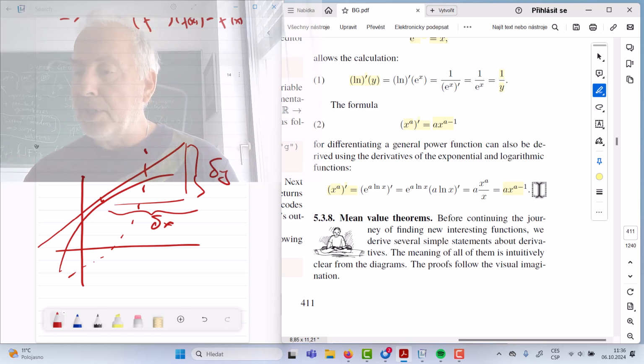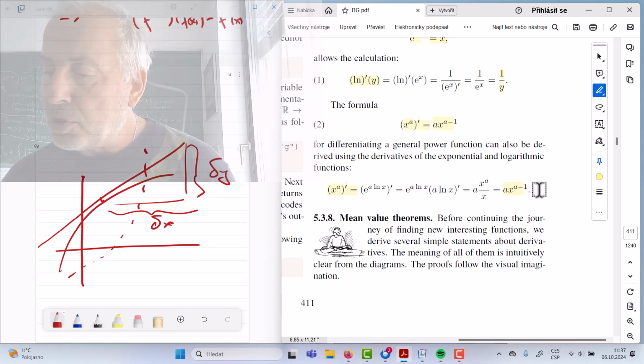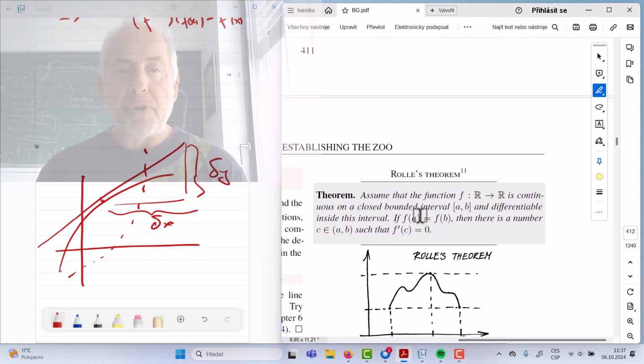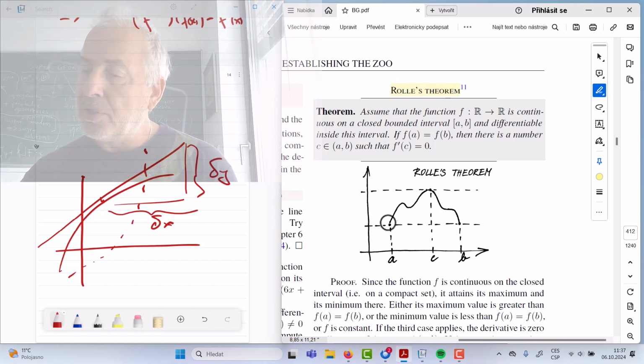Right, so that's about the derivative, differentiability and the application, how to use this to compute the derivatives of the elementary functions. And I also promised to go quickly through some mean value theorems, which is very straightforward and easy. So there is this Rolle's theorem. Rolle's theorem says that if you have a function which is defined on an interval and is differentiable inside, which means it does have a derivative at each point inside.